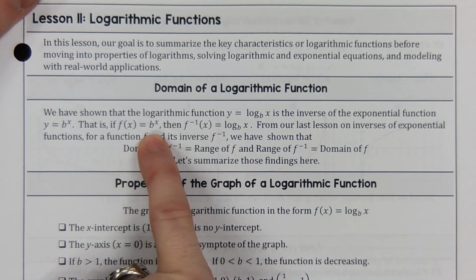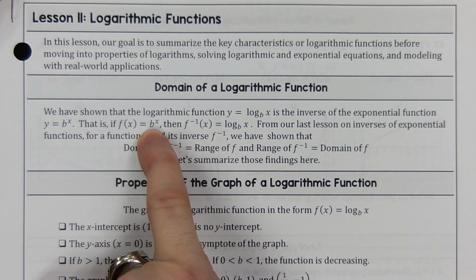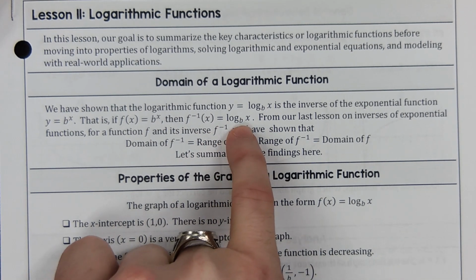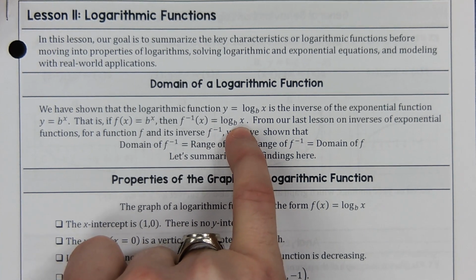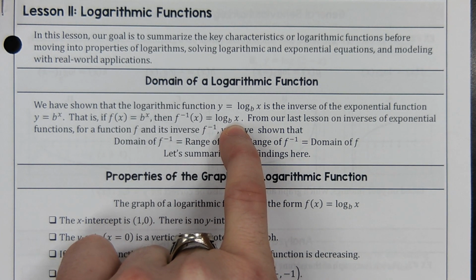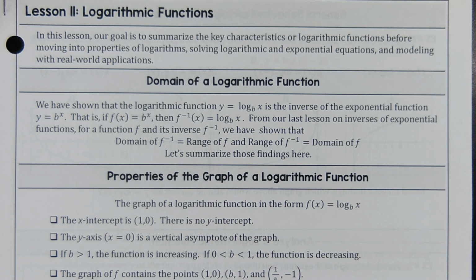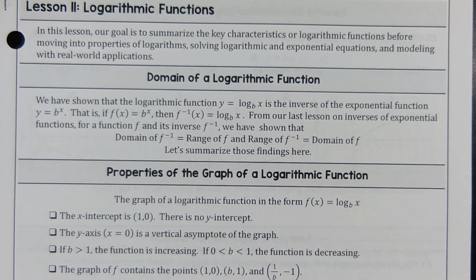And since the parent exponential graph has a range from 0 to infinity, non-inclusive because it has a horizontal asymptote at y equals 0, the logarithm has a domain of 0 to infinity, and it has a vertical asymptote at x equals 0. Because all the x's and y's switch places. What that means is the argument of the logarithm, which here is just x, but whatever we're taking the log of, the argument of the logarithm must be positive. Always.